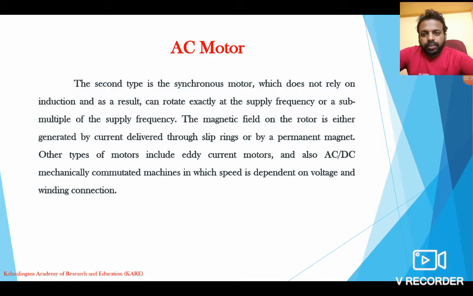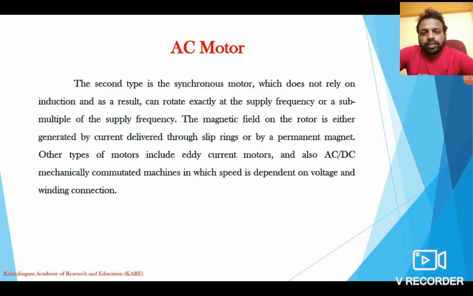The second type is the synchronous motor. The synchronous motor operates at the supply frequency, and it also has a stator, rotor, field winding, and armature winding. In a synchronous motor there is a magnet which is created by the supply current with the help of a DC supply.